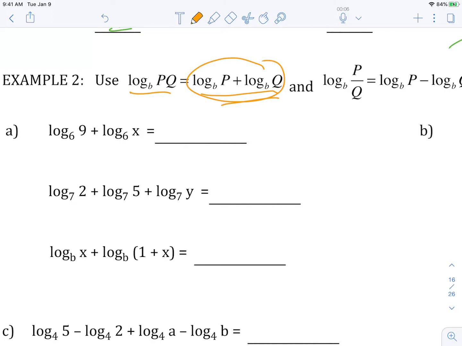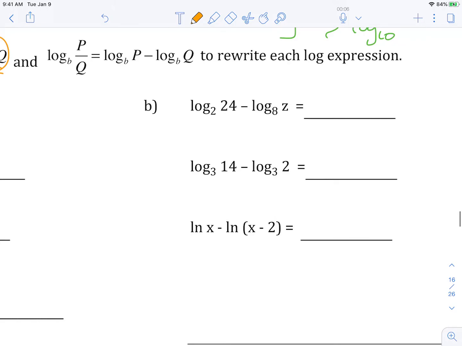So we'll teach you guys how to do those kind of problems here. So log base 6 of 9 plus log base 6 of x. So we can condense and write it as a single logarithm. Since the bases are the same, we could just rewrite this as log base 6 of 9x.